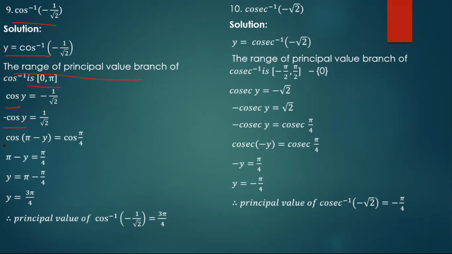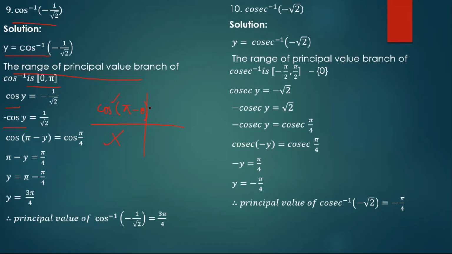So why did we take cos pi minus y? The reason is that cos is negative in the second and third quadrants. But we can't take the third quadrant, as it would become pi plus y. You remember what cos pi minus theta is?